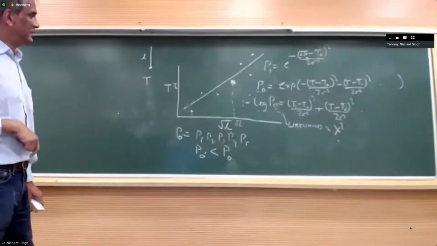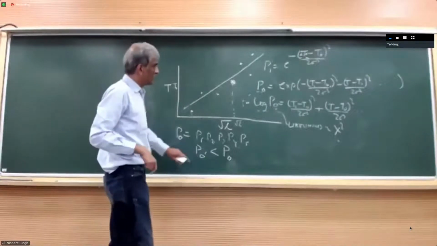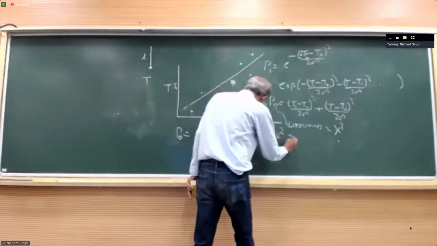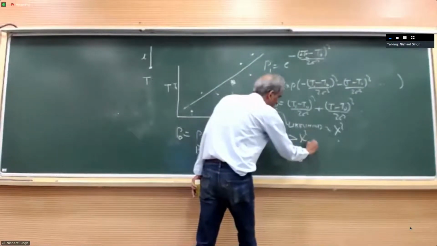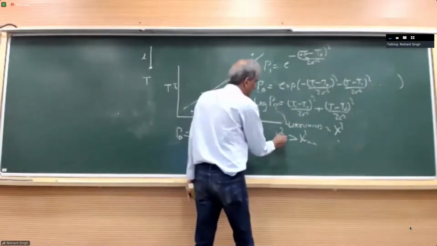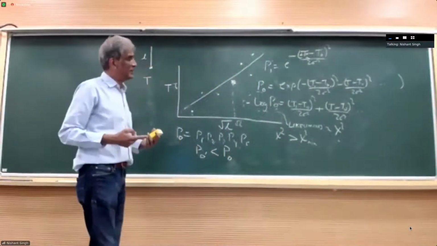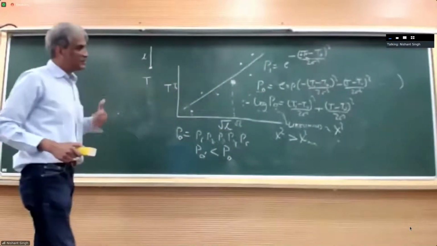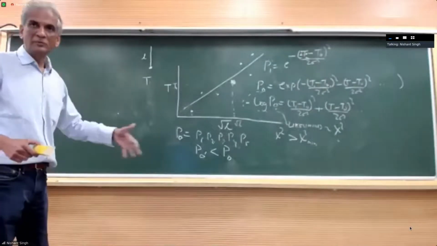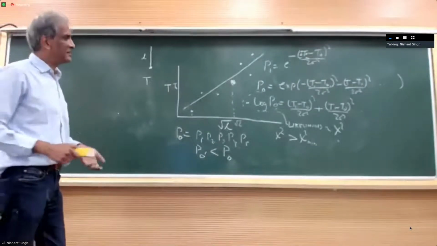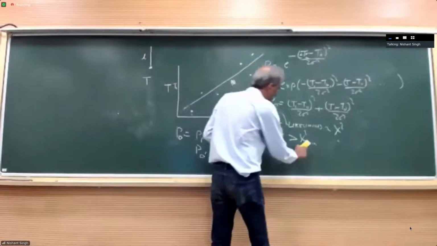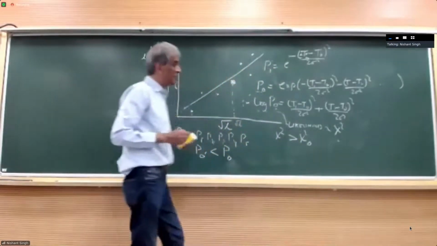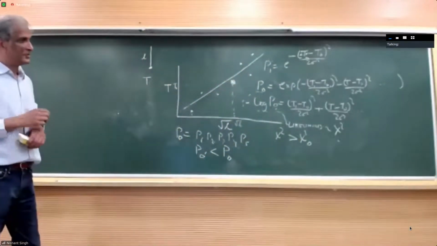But the question we ask is this one. What is the probability that I got a chi-square larger than some value of chi-square minimum, which I decide? What is the probability of that happening? Or put it this way, that if I did this experiment 1,000 times, what fraction of the time would I have got chi-square greater than this value of chi-square?